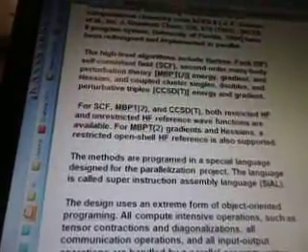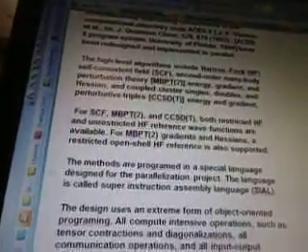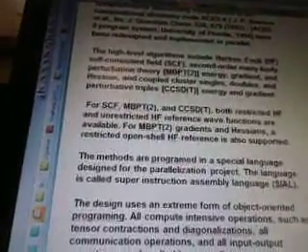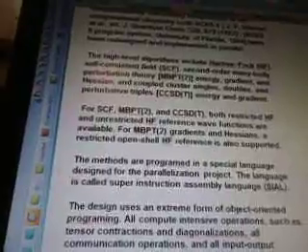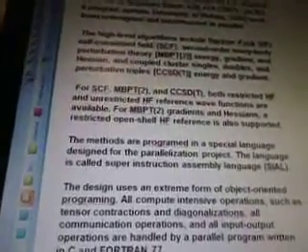So, for SCF, MBPT2, and CCSDT, both restricted HF and unrestricted HF reference wave functions are available. For MBPT2, gradients and Hessians, a restricted open shell HF reference is also supported.